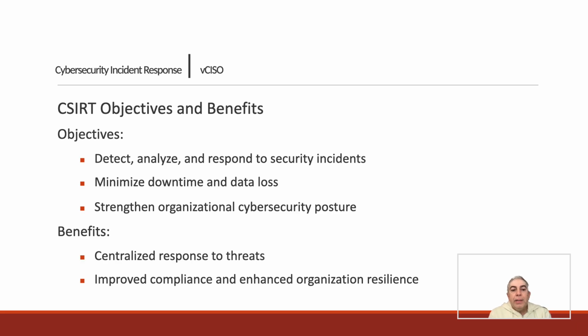So the CSIRT objectives: the team is very simple, right? It's just a team. But the team should have roles and responsibilities defined, and they should know their objective is to detect, analyze, and respond to security incidents, minimize downtime, and strengthen organizational cybersecurity posture.